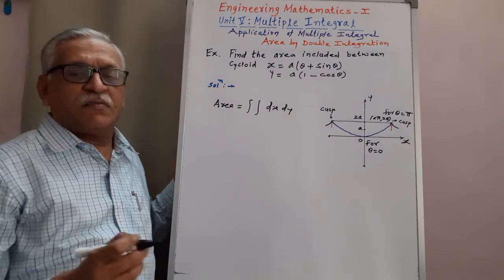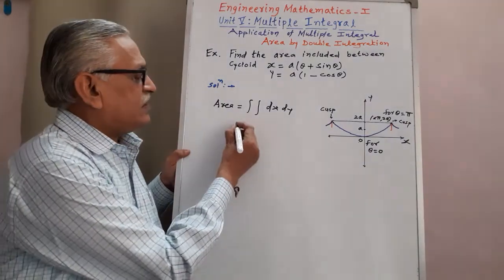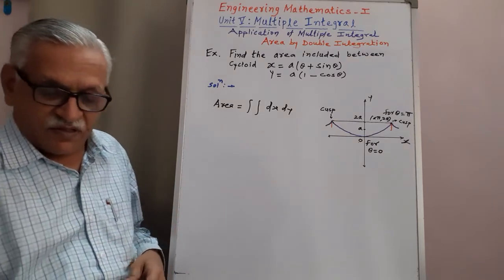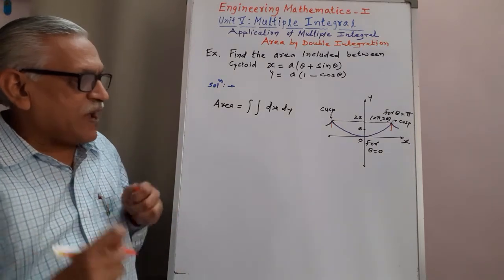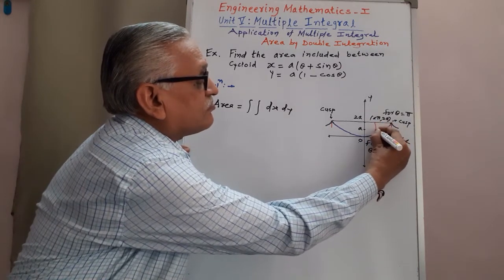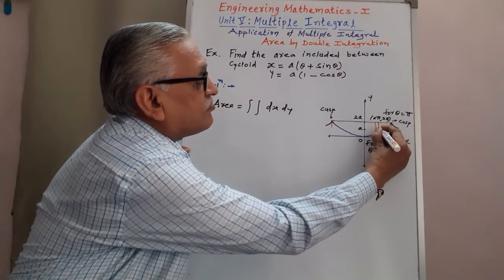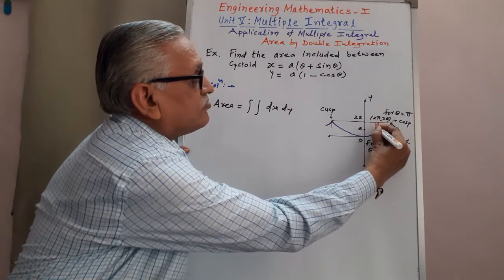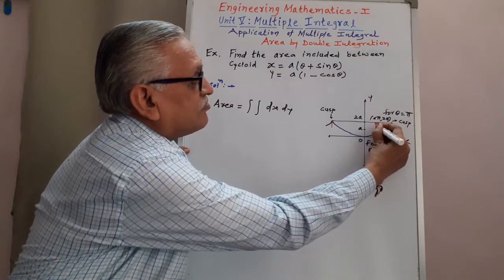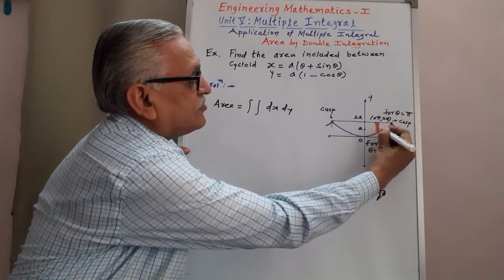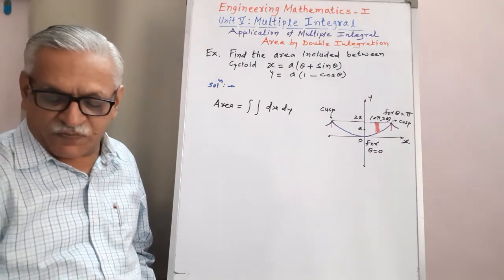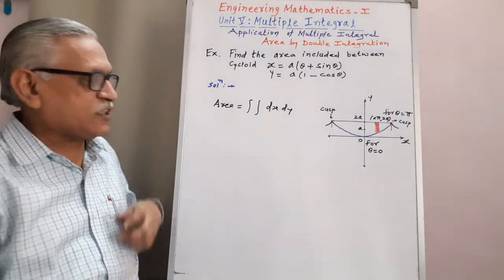It is double integration of dx dy. We make a strip parallel to the y-axis in that region. As per the strip, the first integration must be with respect to y and then with respect to x.